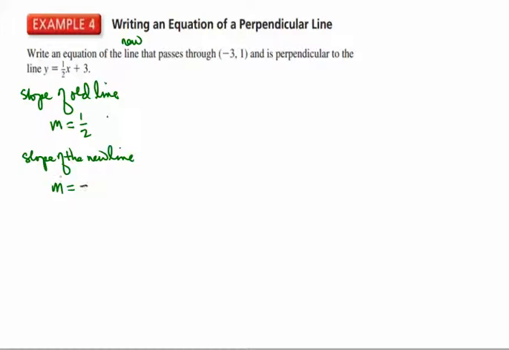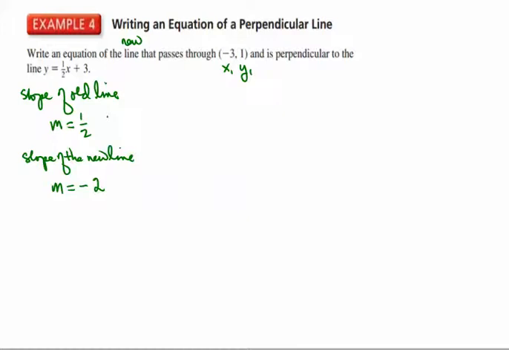So if the original one was positive, the new one will have to be negative. And if the original one was 1/2, the new one would be the reciprocal of that, or 2. Now, so we want a line that has a slope of -2. And also we want that line to pass through this point, -3, 1. What do we use to construct our new equation?